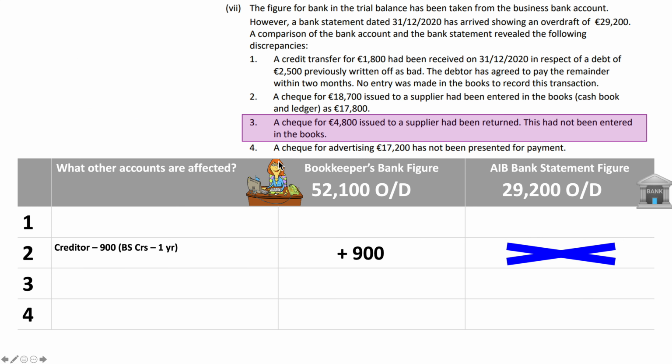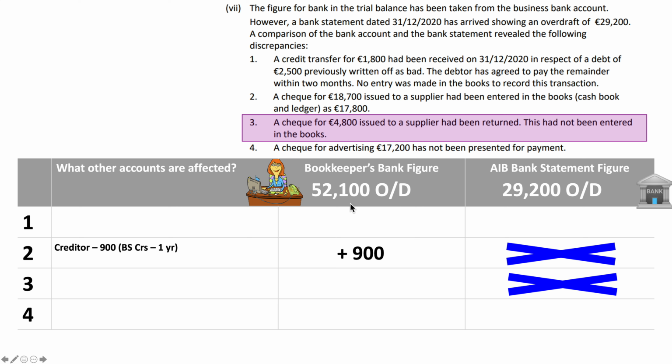The second one then, a check for 4,800 issued to a supplier had been returned. This had not been entered in the books, so it hadn't been entered in the bookkeeper's books. The check had just been returned to the business. So the business still owes the supplier that, but they have to record that the check has come back to them.